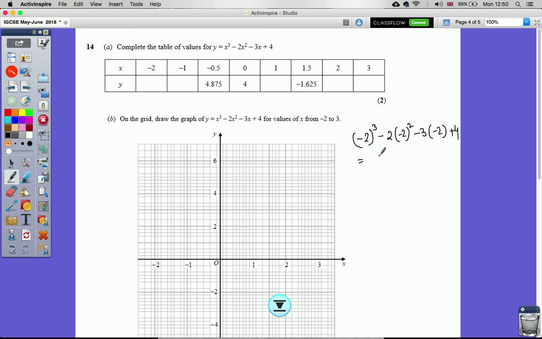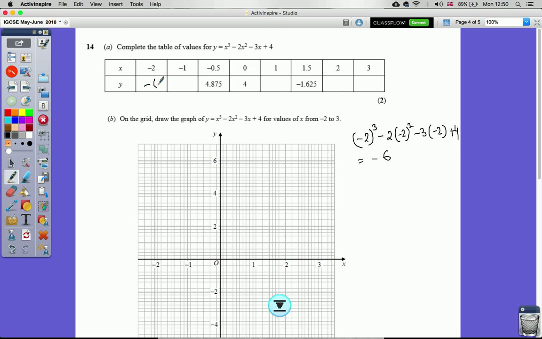Okay, so we do x cubed. So for the first one, I'm getting minus 6.